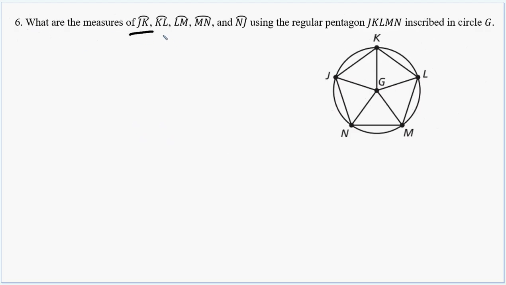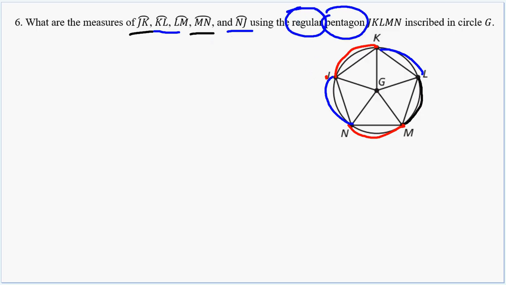All right, last one. What are the measures of JK? So here's JK, KL, LM, MN, and finally NJ. So they're asking for each of those arcs. Keyword here is it's a regular pentagon.